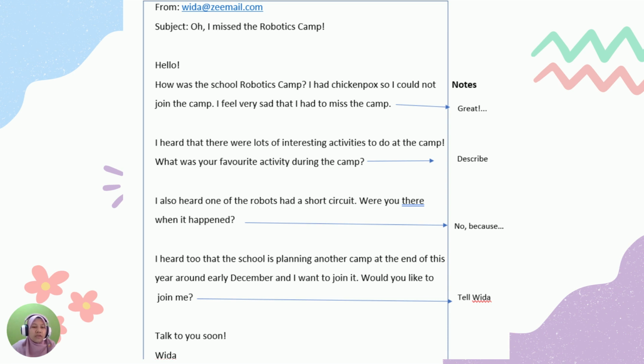Moving on to the next paragraph. I also heard one of the robots had a short circuit. Were you there when it happened? The words in the notes are "no, because". Then next paragraph. I heard too that the school is planning another camp at the end of this year, around early December, and I want to join it.